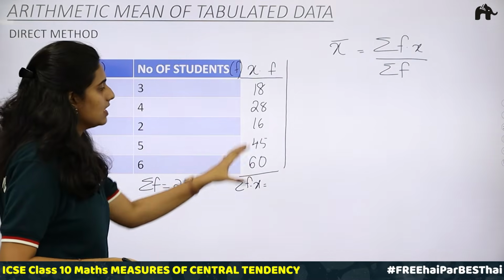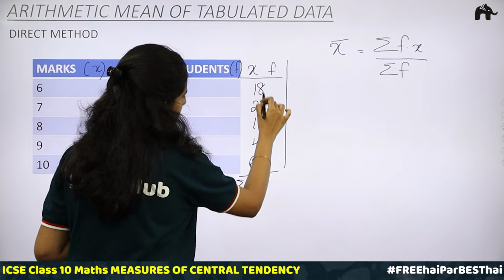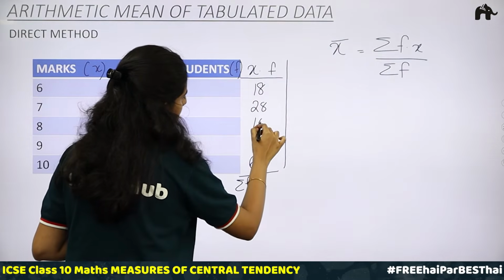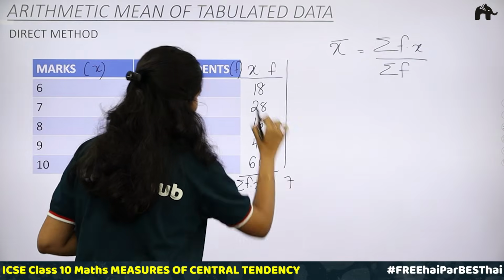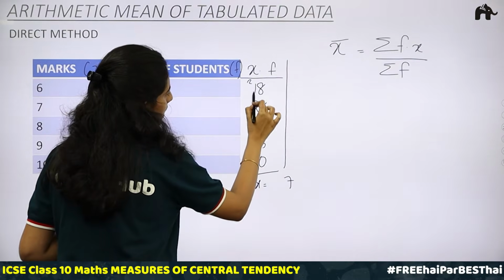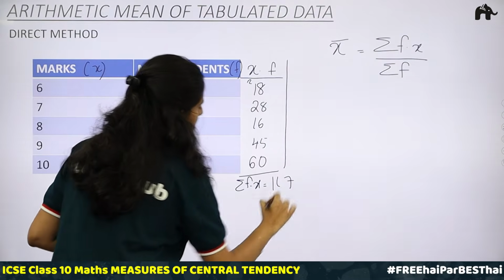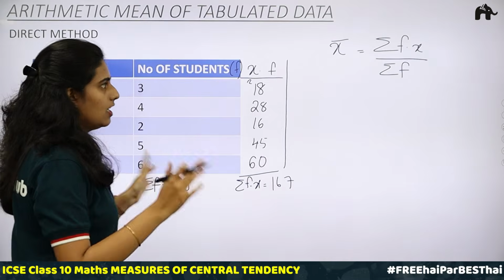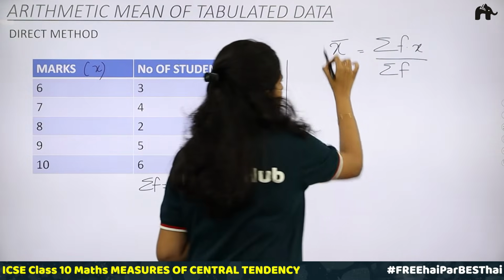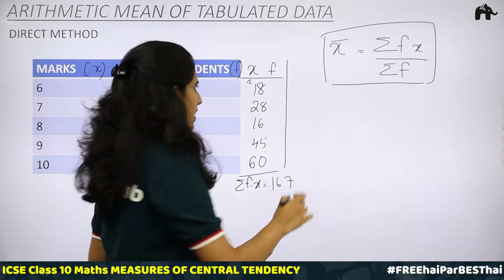Next, we have to take the sum of this. Here on adding, what do we get? 16, 8 plus 8, 16, 16 plus 6, 22, 22 plus 5, 27. Okay. 2, 3, 3 plus 2, 5, 6, 10, 16. So, 167. Sigma fx is equal to 167. Now, in this formula, put the value of sigma fx and sigma f.